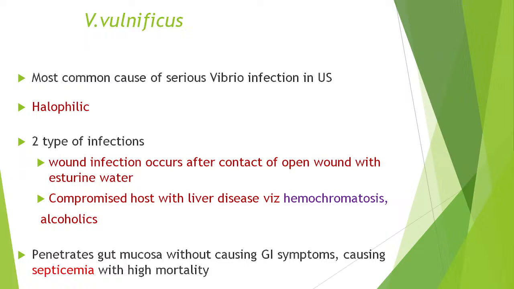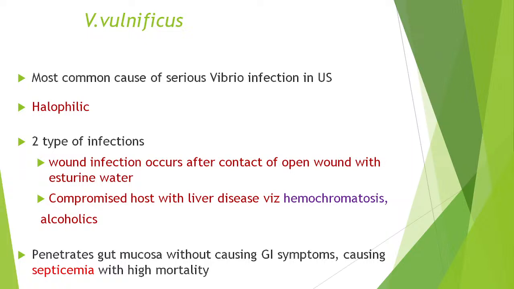alginolyticus. Vibrio vulnificus. Next is, it is also halophilic, and actually it is the most common Vibrio infection in the US, not Vibrio cholerae. Okay, vulnificus is halophilic and it causes very serious wound infection along with bloodstream infection. It can cause septicemia.